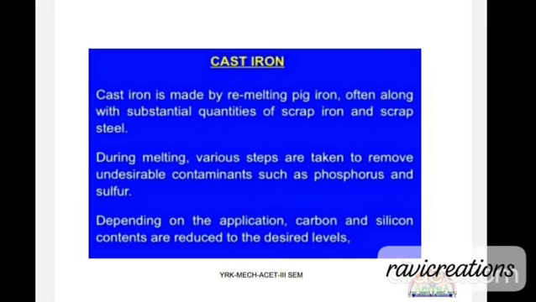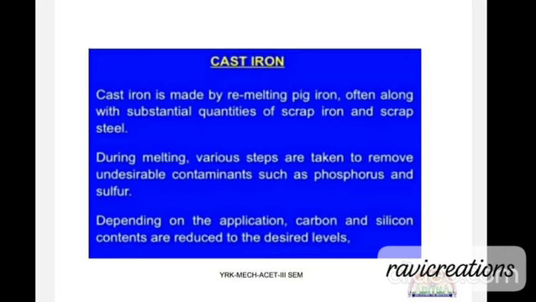So, in this sentence, the main definition or understanding of cast iron is that it is a family of iron and carbon alloys which has a carbon content of 2 to 4 percent.